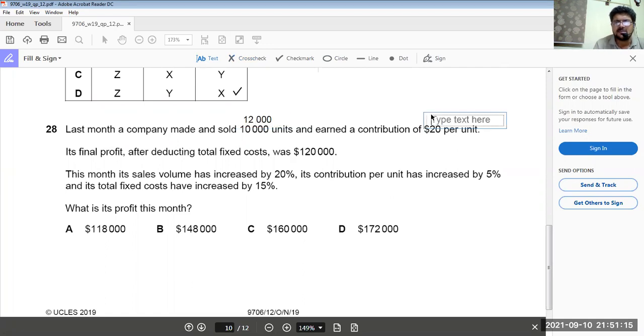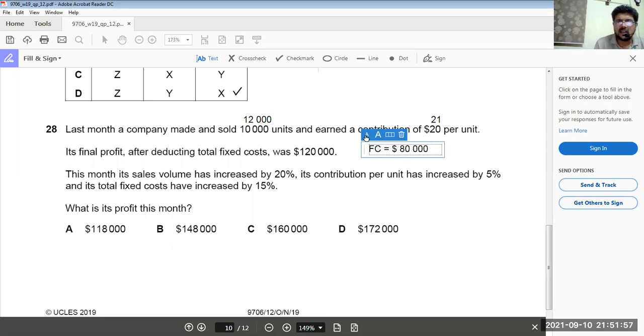Contribution is increased by 5%. The contribution would be $20 multiplied by 105%, 21. And last month's profit is 120,000. So what is the fixed cost last month? 10,000 multiplied by 20 is 200,000 minus 120,000 profit. So the fixed cost last time was 80,000.